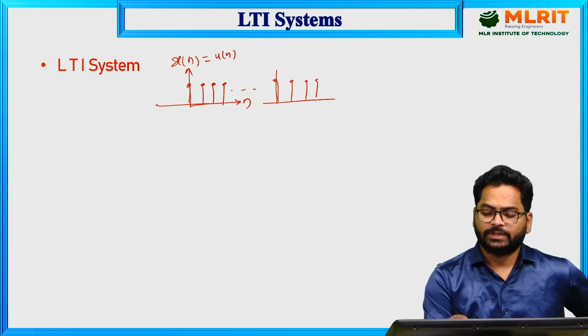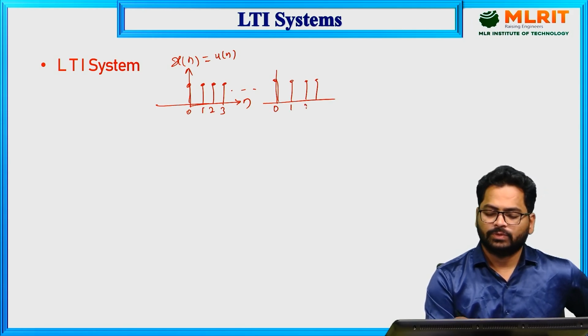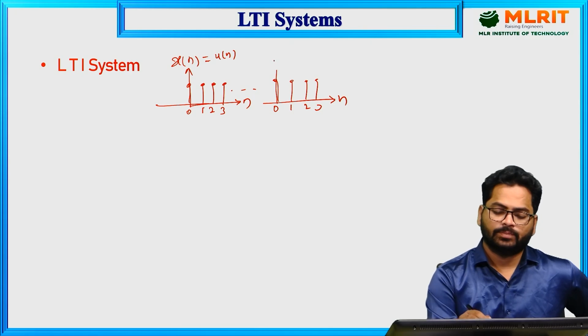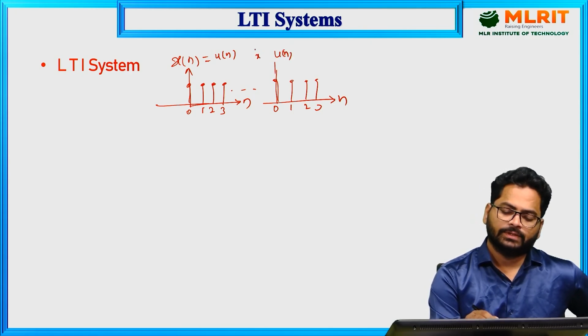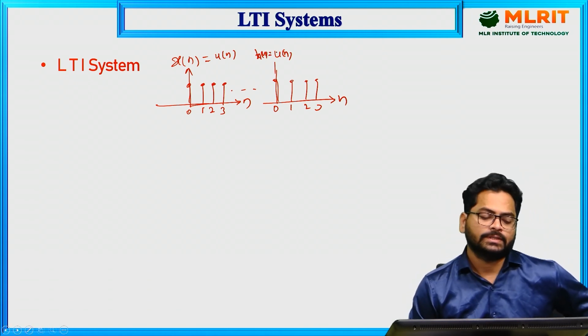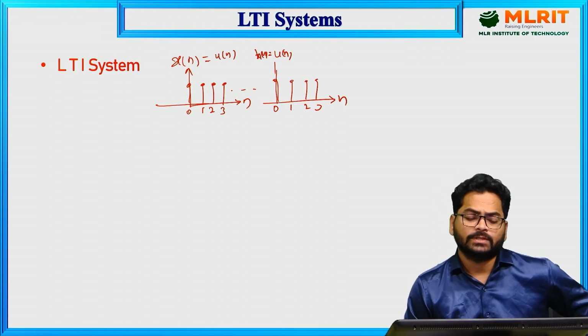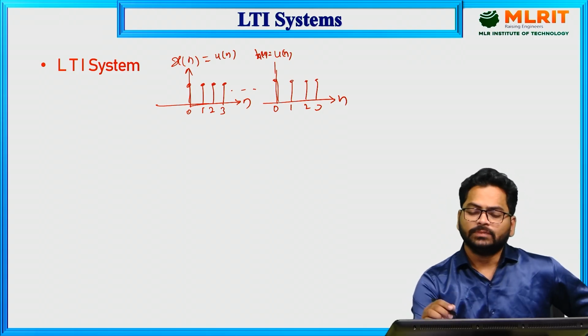To make you understand clearly, I'll take the axis 0, 1, 2, 3, with amplitude, and we are taking it as u of n for x of n. This time I'm calling it h of n. So these are the two signals, x of n and h of n, but in both cases I am considering the same signal, u of n.